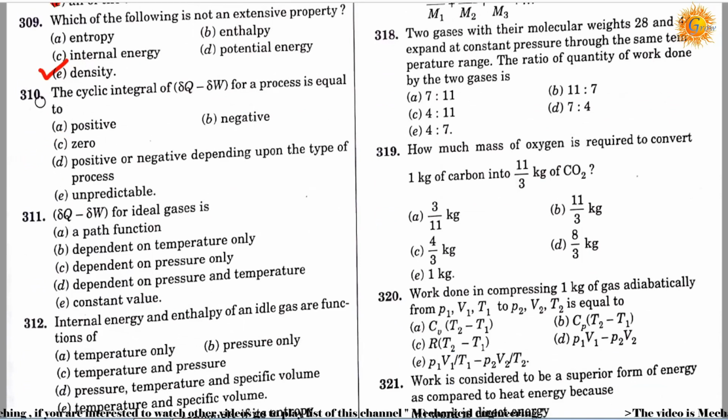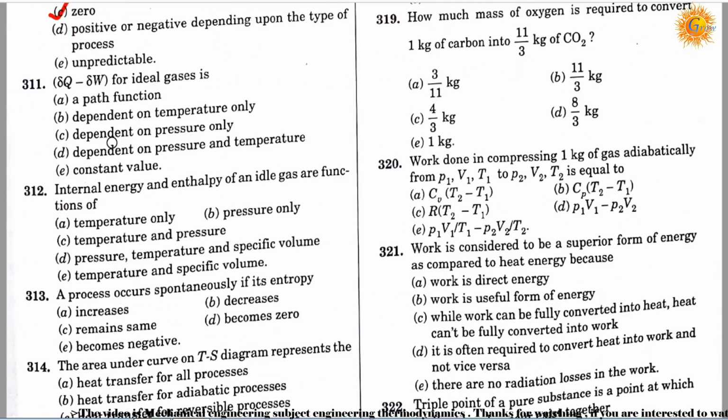Question number 310. The cyclic integral of del Q minus del W for a process is equal to option A, positive, option B, negative, option C, 0, option D, positive or negative depending upon the type of process, option E, unpredictable. So the correct answer is C, it will be 0. Question number 311.